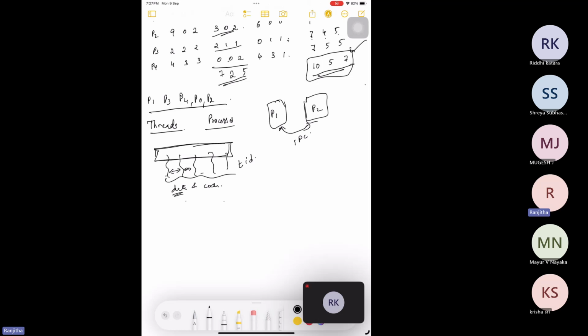Okay. Why do we need these threads? One of the most common use cases of threads is to parallelize computation. For example, in the lecture video, sir took an example of adding some billion numbers.